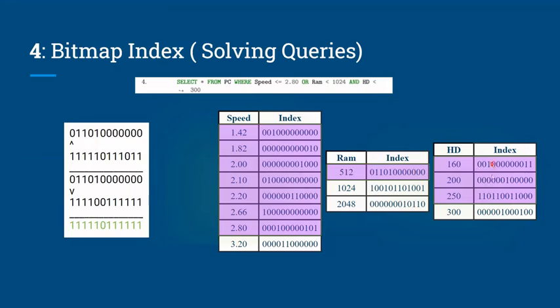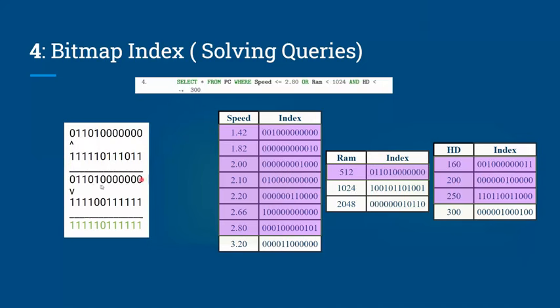Then we would OR all of those from the HD. We would have just the bit vector for the RAM on its own, and we OR all of the bit vectors for the speed. And to execute the AND part first, we would consider ANDing the bit vector from the RAM index with the outcome of ORing the bit vectors from the HD index.